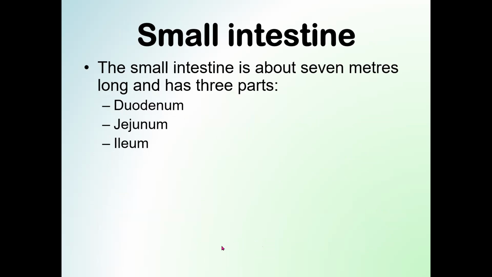And the food now is very different, and it moves into the small intestine, about 7 meters. The small intestine is about 7 meters long, and there are 3 parts to it. They all do something different. The first short part is called the duodenum, then the jejunum, and the ileum.